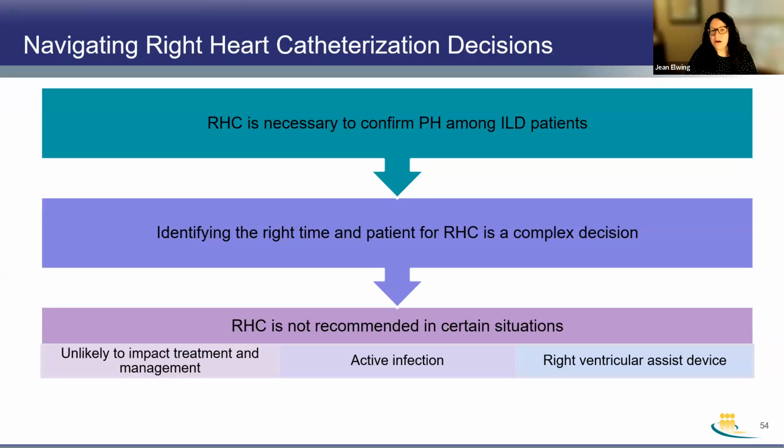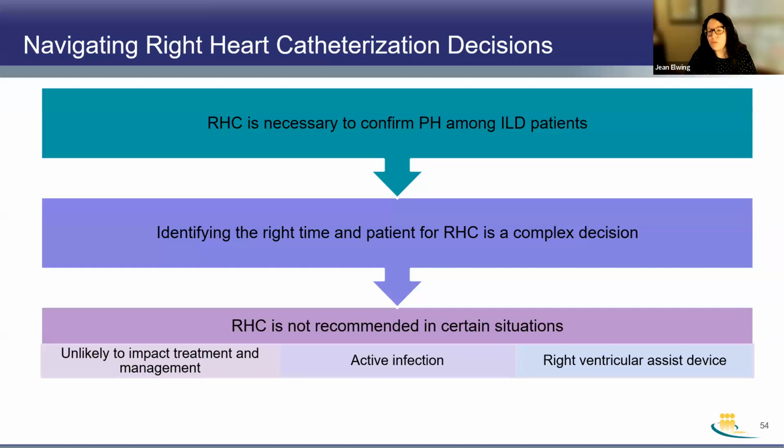The confirmation of pulmonary hypertension in ILD is important not only for treatment options, but also prognostication, transplant referral, and the times to think about proceeding to that right heart catheterization should include any time you're considering any of those options.